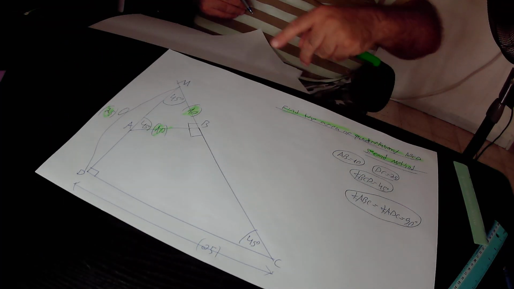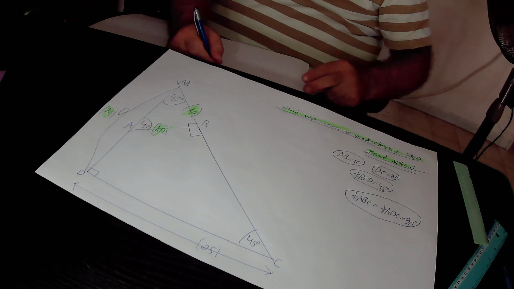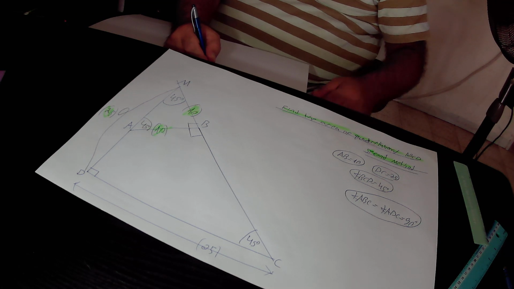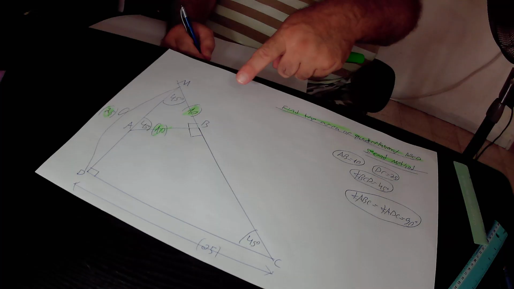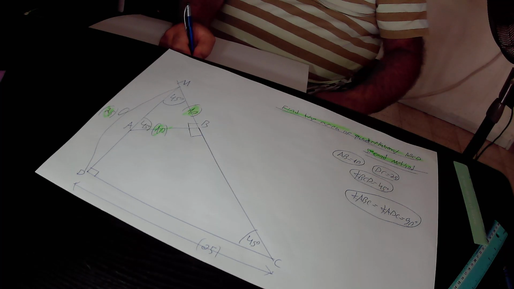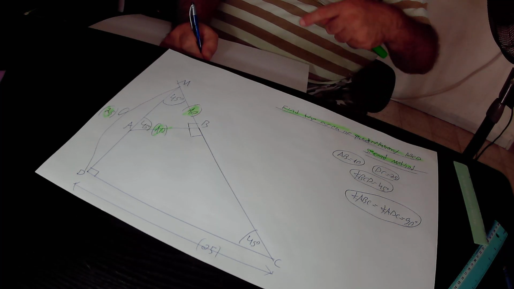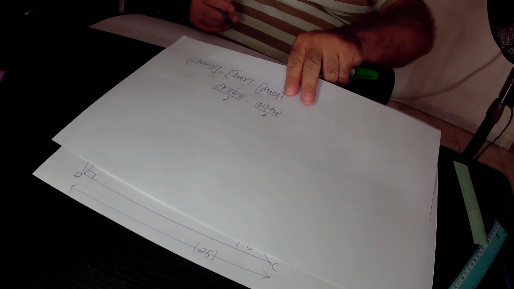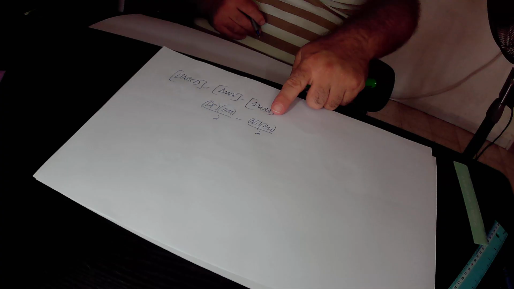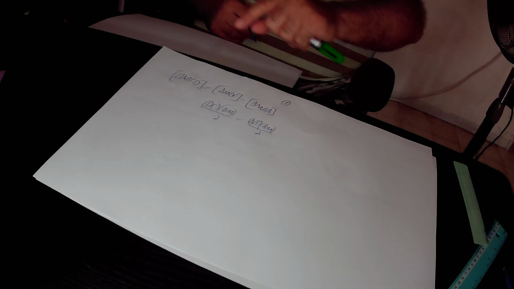Minus the area of the small right triangle MBA, which equals the base AB times the height BM over 2.